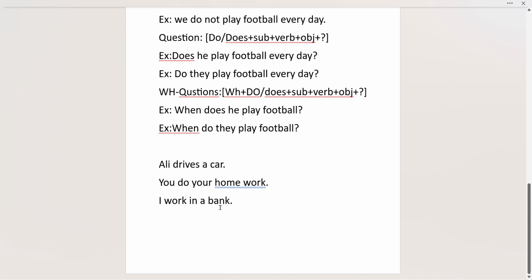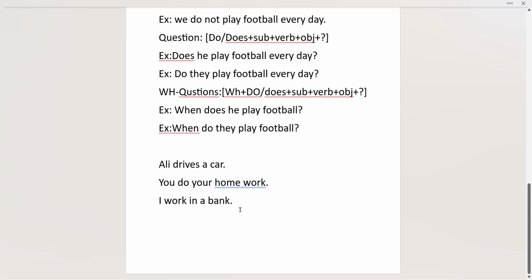We have one more here. I work in a bank. I is a plural subject, so this is a normal, positive example. When we want to change it into negative, we just bring do plus not after the subject.